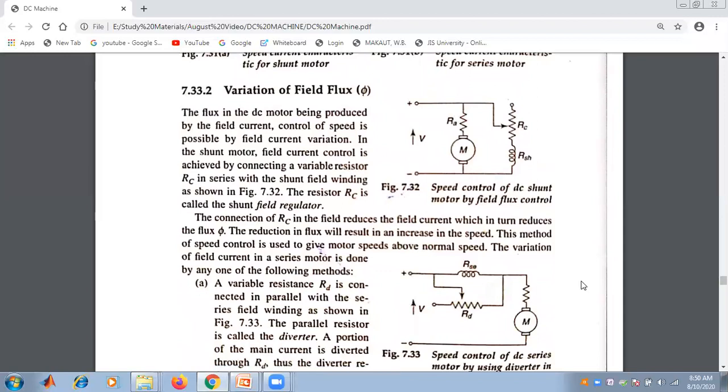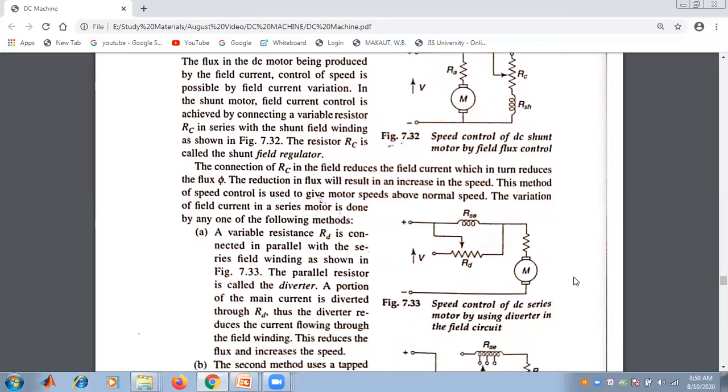So the connection of the RC in the field is to reduce the field current, which in turn reduces the flux.